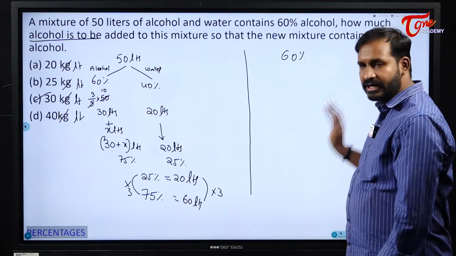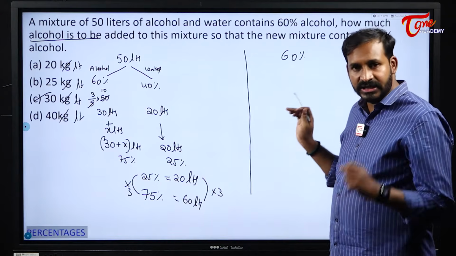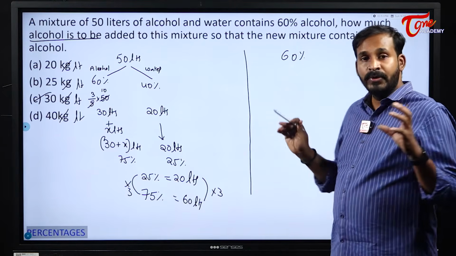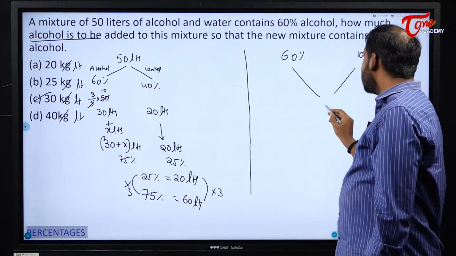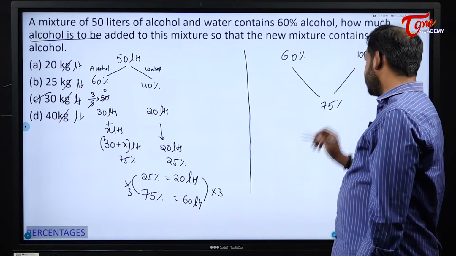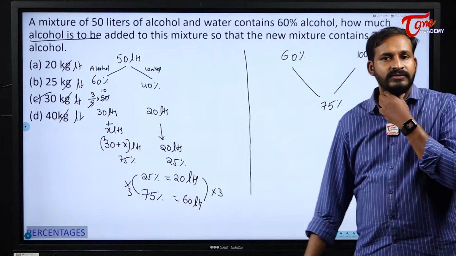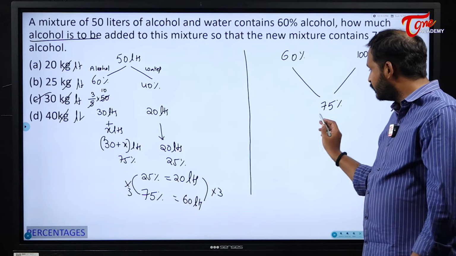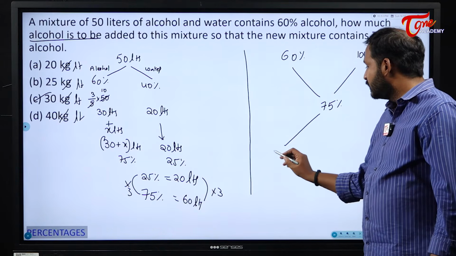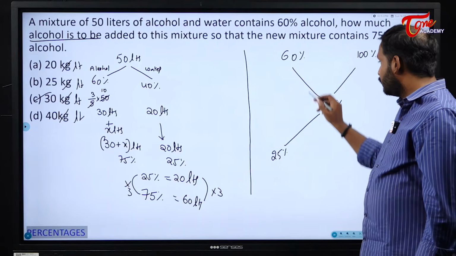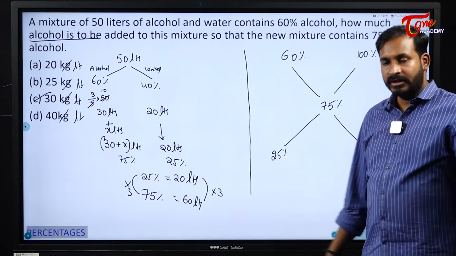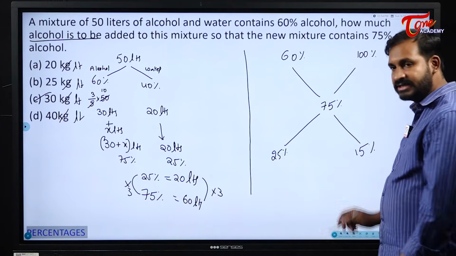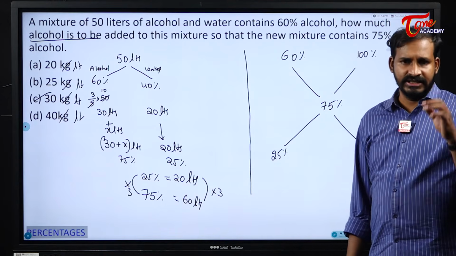We don't know how much quantity it is, but I have 60% concentrated alcohol and I have pure alcohol, in the sense 100%. When I mix these two things, the resultant should be 75%, right? Okay, good. So, what is the difference here? 25%. What is the difference here? 15%. Okay, the difference here is 25% and the difference here is 15%. Please see here, students.